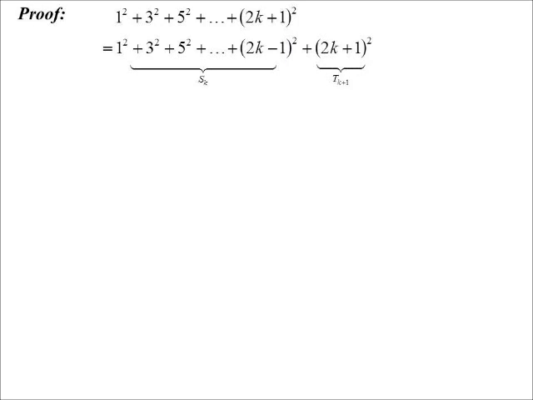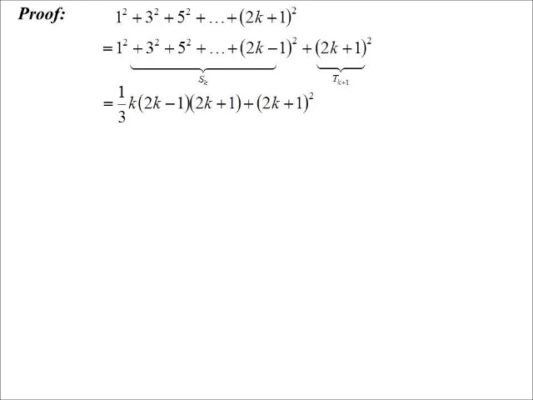Because then I can say, I've assumed that 1 squared plus 3 squared plus 5 squared up to 2k minus 1 all squared, I've assumed, if you like, the sum to k, and we're adding the k plus 1th term, but we've assumed that is 1/3 k, 2k minus 1, 2k plus 1, and I'm just adding the next term. Now I've got a piece of algebra I can play with. When I had the plus dot dot dot, I couldn't play with that because I didn't know what all the things were. But now I can play with it.